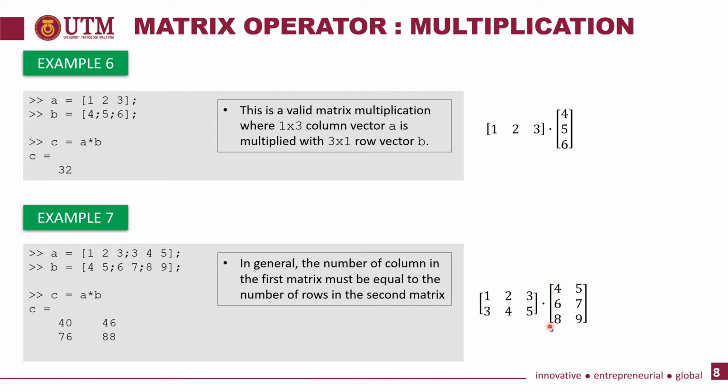So you can execute the multiplication for the matrix operator, and you need to use the star symbol, A multiplied by B. So the number of columns here must equal the number of rows here.